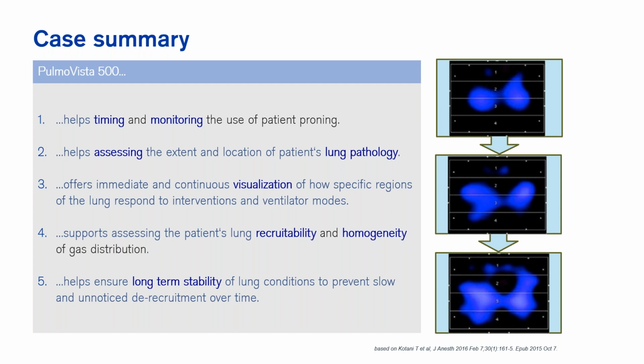So basically, it helps evaluate which regions of the lung were not ventilated and were potentially overextended. It assessed the patient's ability to respond to the recruitment, and also evaluated the homogeneity of the gas distribution. And it also helps ensure long-term stability of the lung condition of the patients.